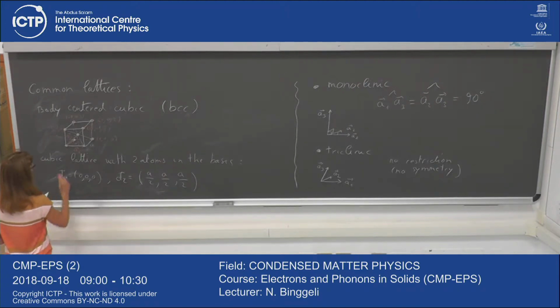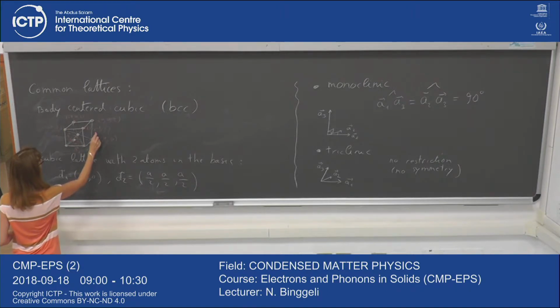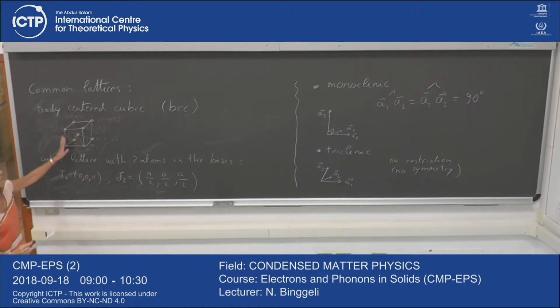And for instance, this point, which would be in the next cube, at the same height as this one, in the next cell at the center. How would I get it? I would have just A3 and add A1.